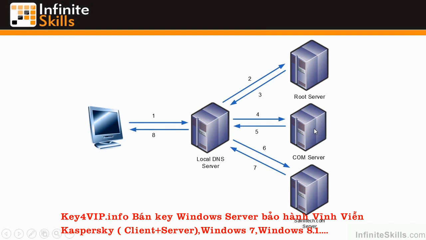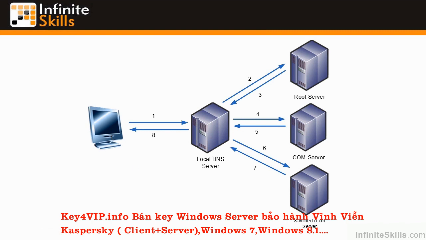The com servers return, well, here's how you get to microsoft.com. So that's another iterative query. And then finally, my local DNS server now knows the DNS servers for Microsoft.com and can say, how do I get to www.microsoft.com, or in this case, savaltech.com. And then my DNS server returns that result to the person who asked, that DNS client.